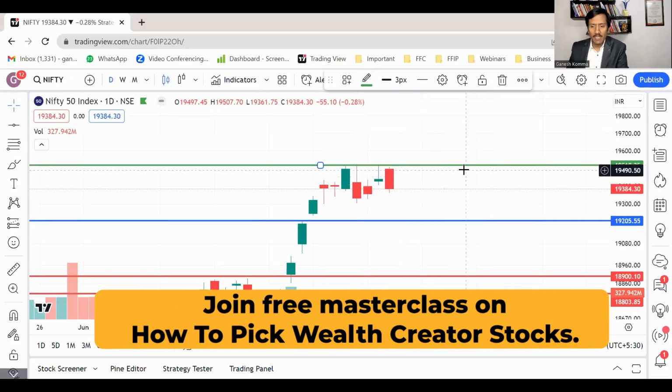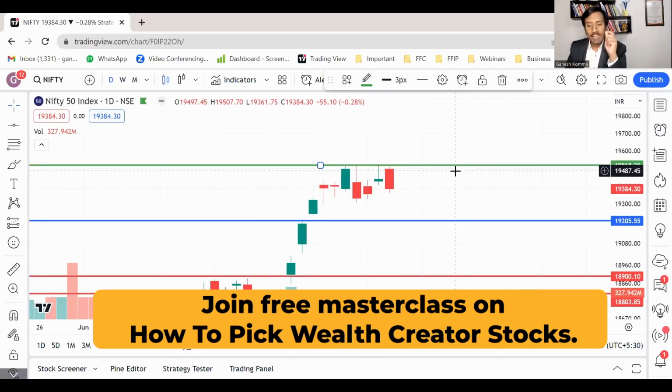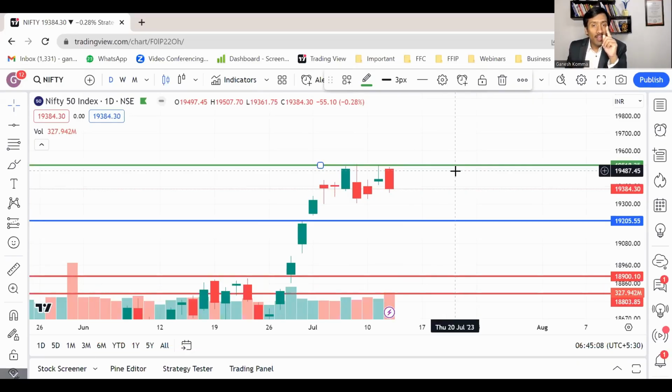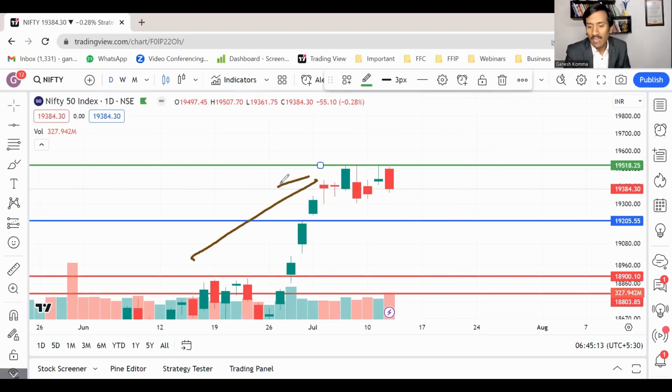This green will be the resistance zone. As we just observed in the chart, whenever the stock is in an uptrend, this will be its resistance zone.